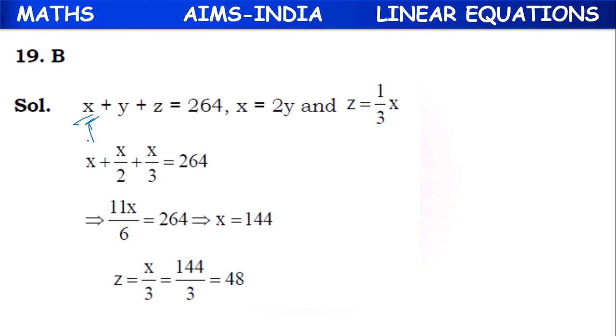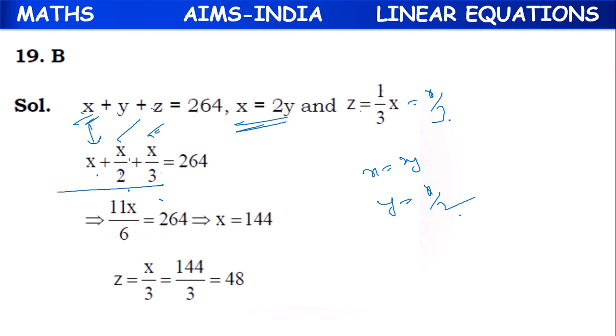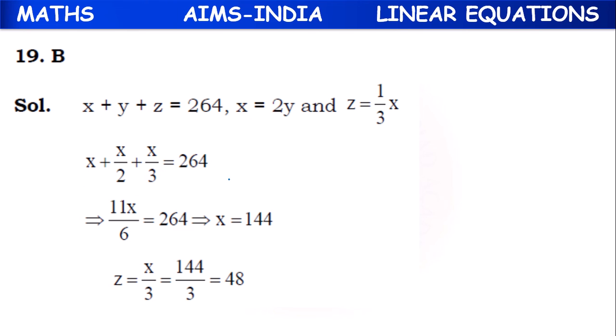So in the place of x, let's take x. Because x equal to 2y, y equal to x by 2. In the place of y, we can write x by 2. In the place of z, 1 into x is x by 3. We can write x by 3. So all three terms in terms of x equal to 264.